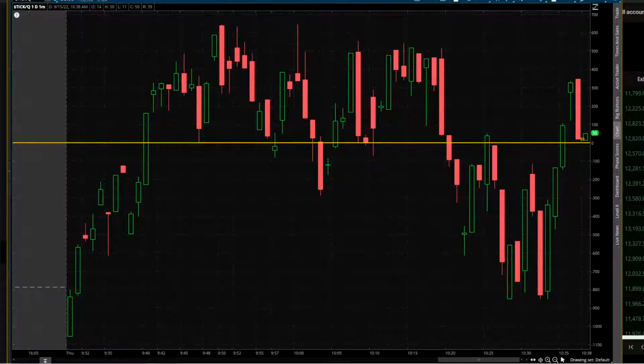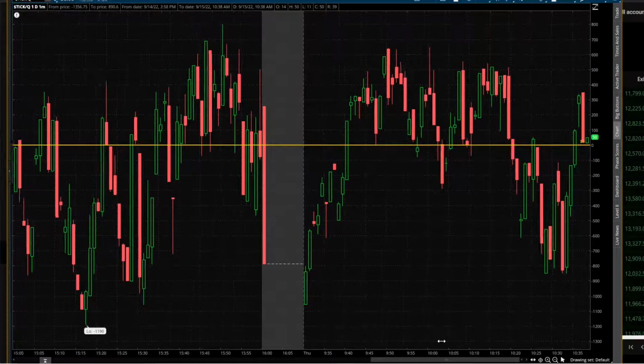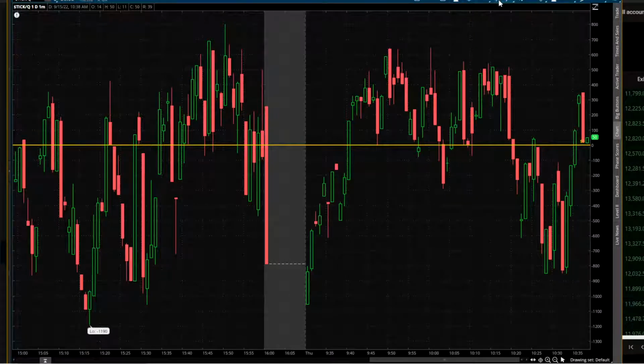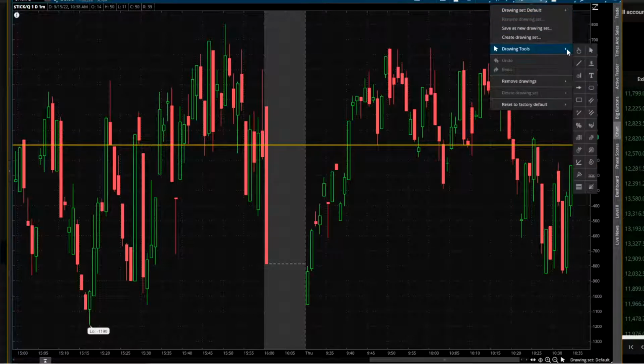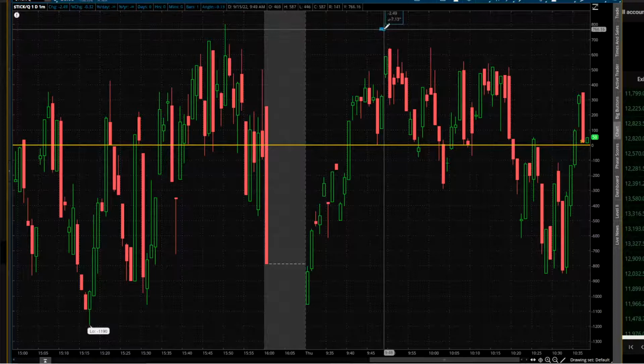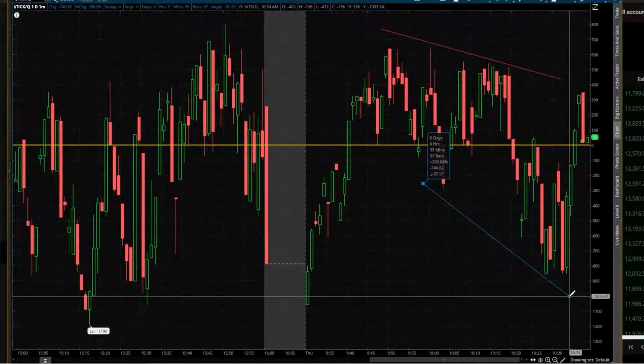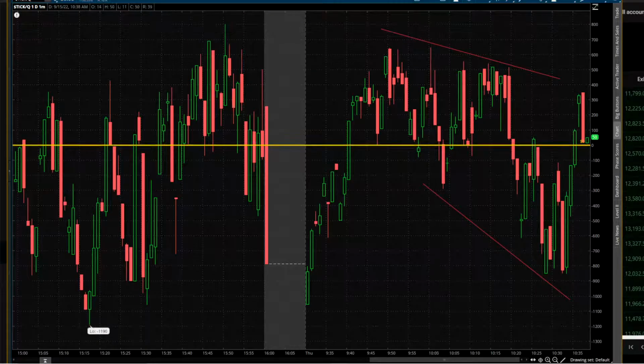All right, so we do have a clear divergence right here, right? I want to see the drawing tool. This is going down, not making new highs, and actually this is going down also, so that's a good combination.